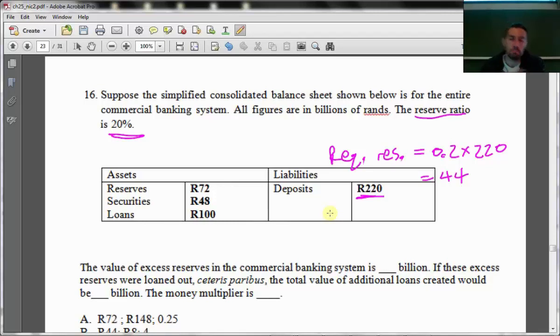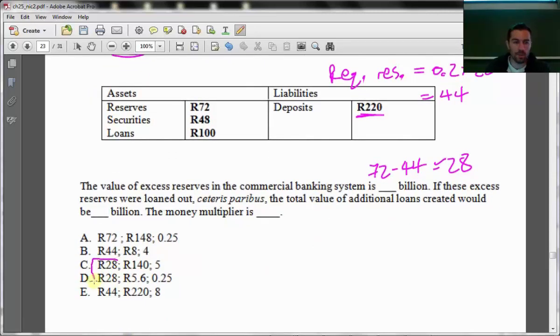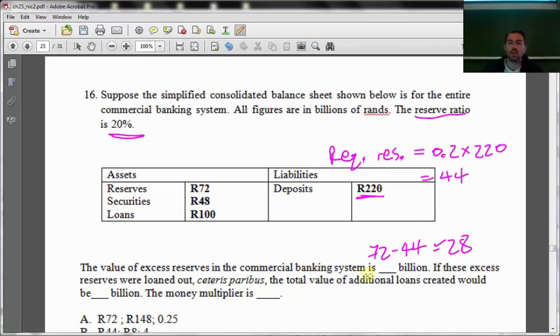So the value of excess reserves in the system is 72 minus 44 equals 28. So excess reserves are 28. If these excess reserves were loaned out, the total value of additional loans created would be what?